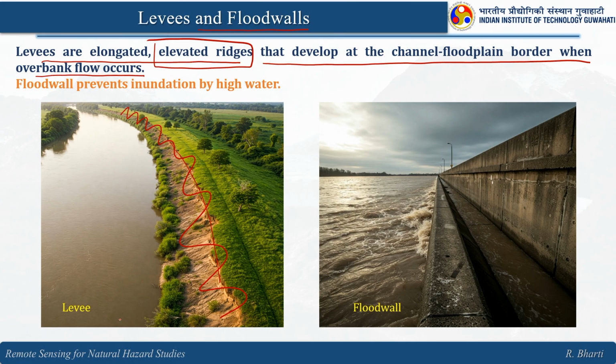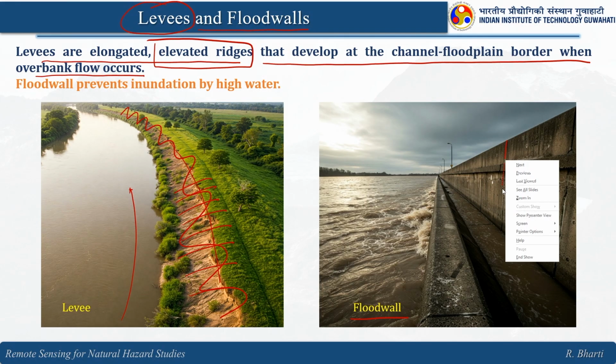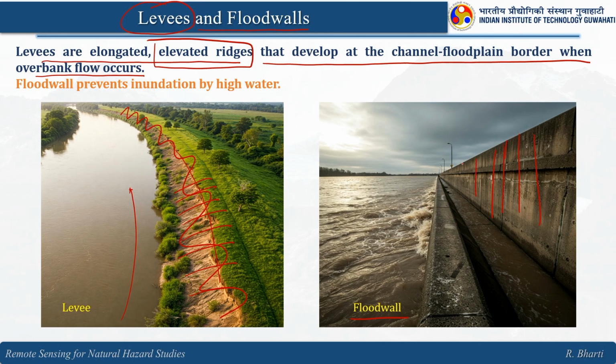This is because of the sediment which is carried during the flood that gets deposited, and slowly it takes the form of these ridges, and these are known as levees. This is a flood wall, you can see here; these flood walls were created to restrict the water during a flood event.